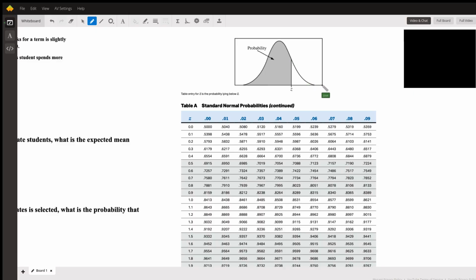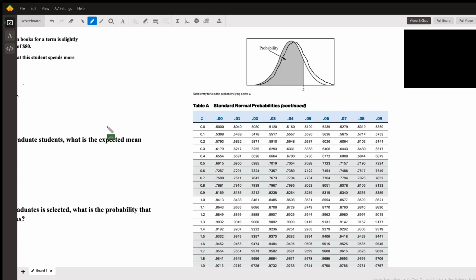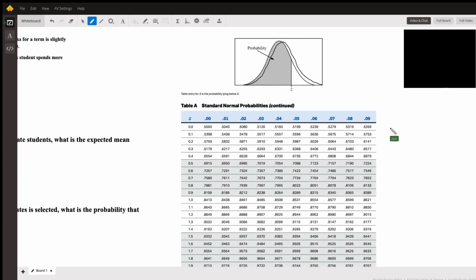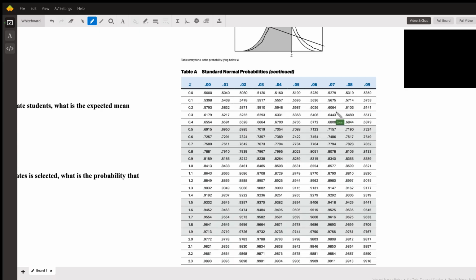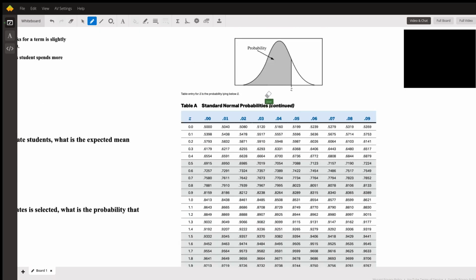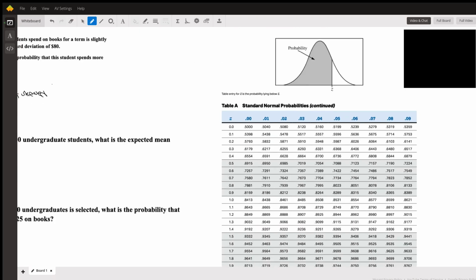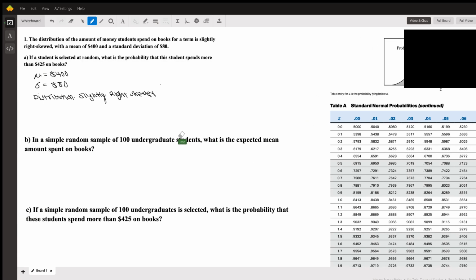Just slightly skewed, so I'm going to slightly skew all of my data to the right. And so that's what the curve would look like. It's actually very similar to that of the normal distribution, so I can say that the two are somewhat or approximately equal. So with that in mind, I'm going to start solving this problem.